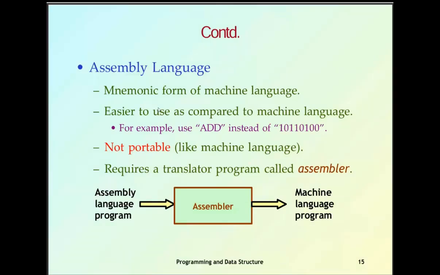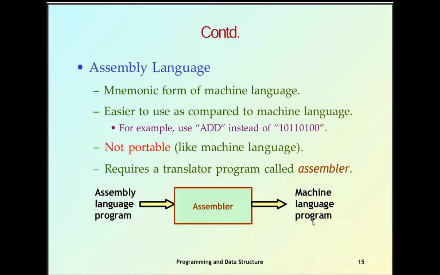Still, assembly language is not portable for obvious reasons, because for addition in one language it could be ADD, in another language it could be the complete word addition. Because of that, even assembly language code is not portable. Now, our computer only understands machine level language, the sequence of 0 1.